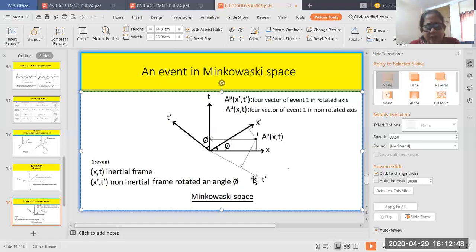If you draw in the negative direction, you can see the direction has changed. That means it is a negative time axis. What does a negative time axis mean? It is the past. So if I observe 1 with respect to x dash and t dash, these positions measure the past position of event 1.